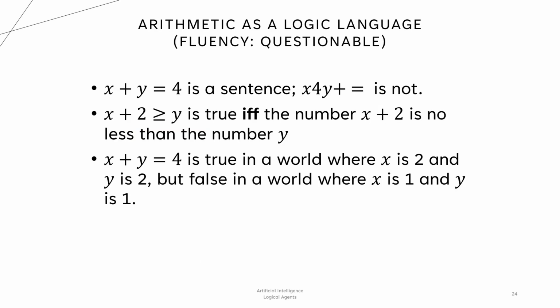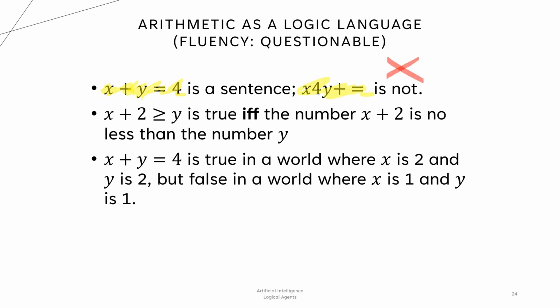So moving on, one logic language that hopefully you're familiar with is arithmetic, right? So you have x, which is a propositional symbol, plus, which is a logical connector, y, which is another propositional symbol, connector, and a value. So we recognize that this is a valid sentence of arithmetic. Meanwhile, x4y plus equals nothing is not.